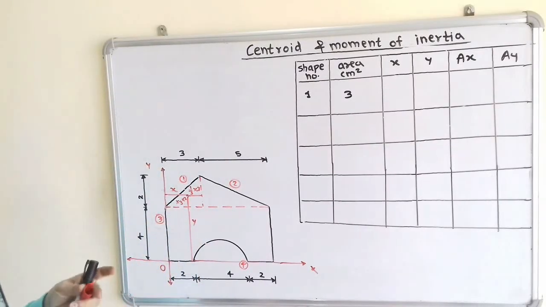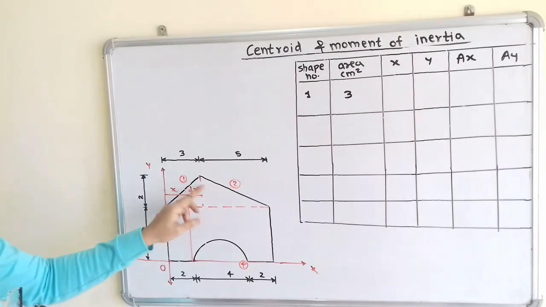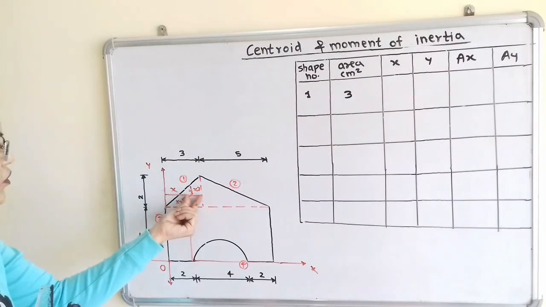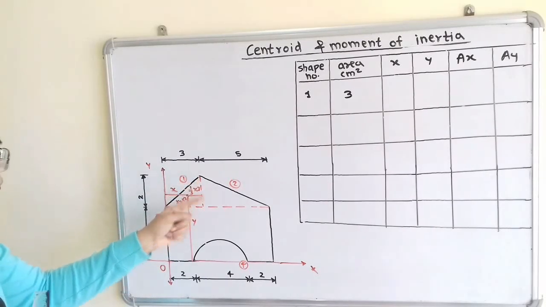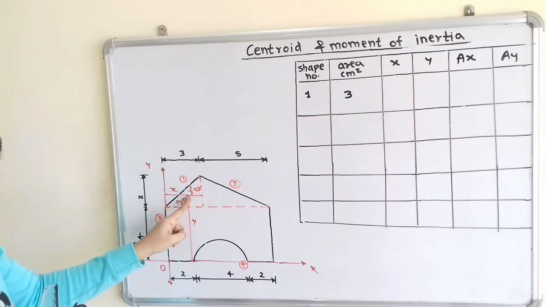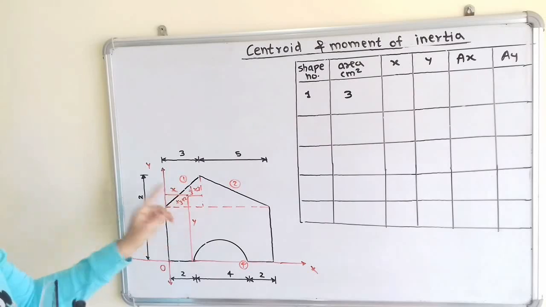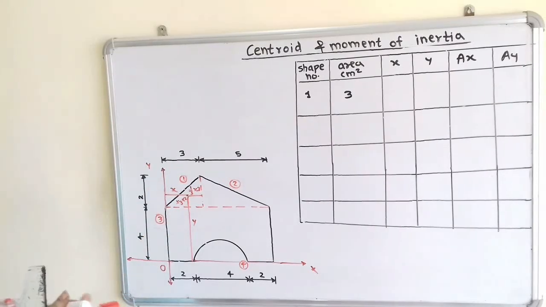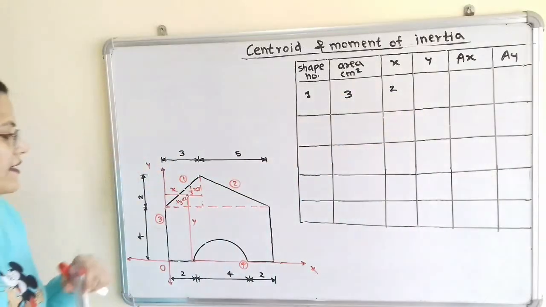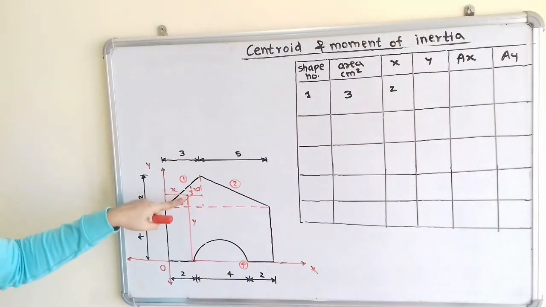Now we have to write the value of x. So 1 by 3 multiplied by 3 is equal to 1. So this horizontal distance is 1. If we observe, this total distance is 3, so 3 minus 1 is equal to 2. So the value of x is equal to 2. Now we will find the value of y.